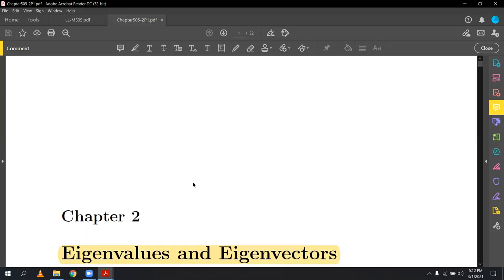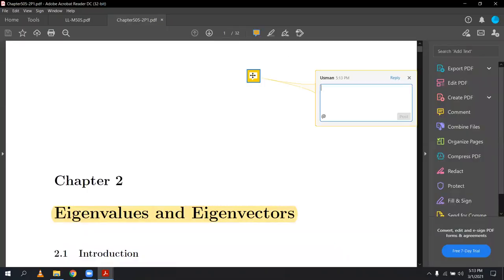We discussed non-homogeneous systems; here we will discuss homogeneous ones. In the first part, we dealt with the non-homogeneous system with the condition that the determinant of A is not 0, and then we have a unique solution.